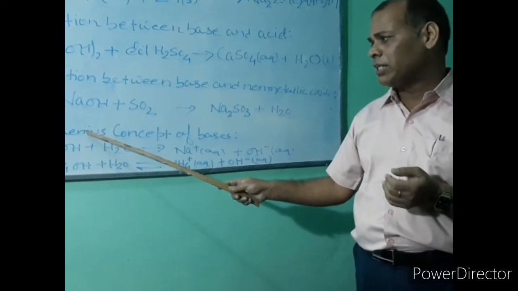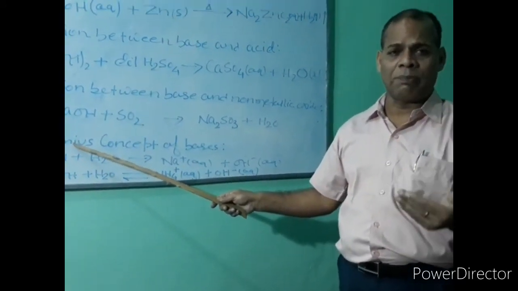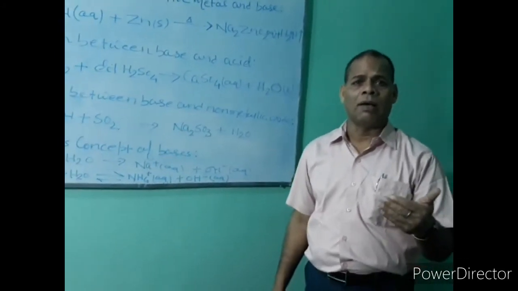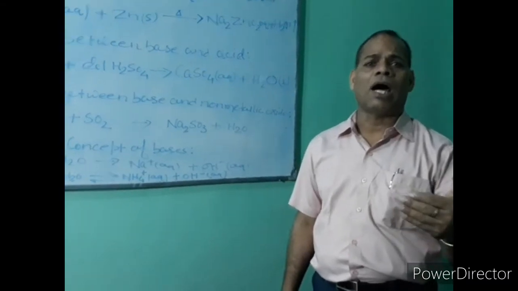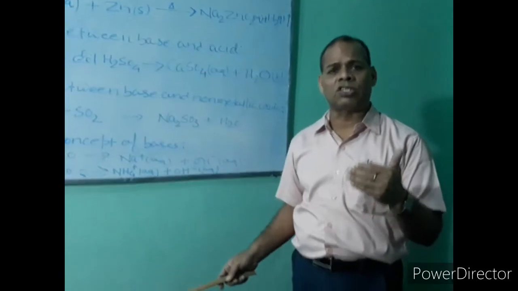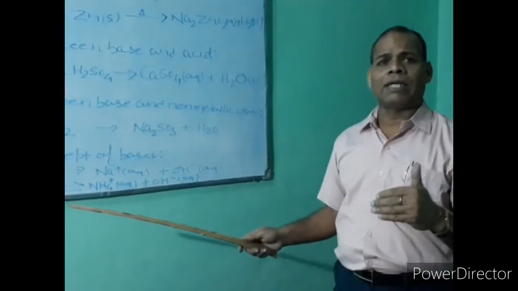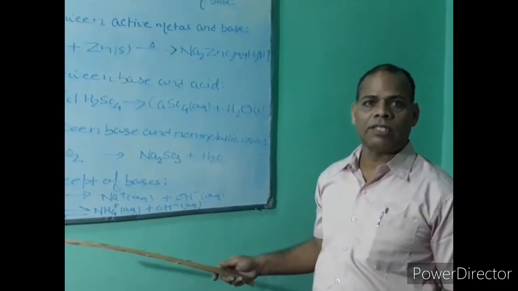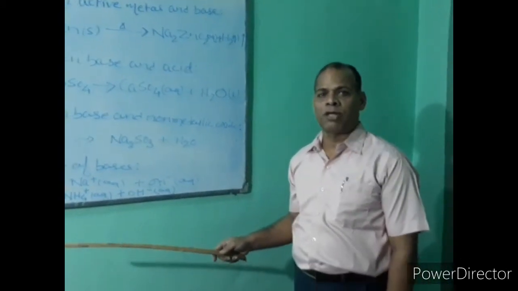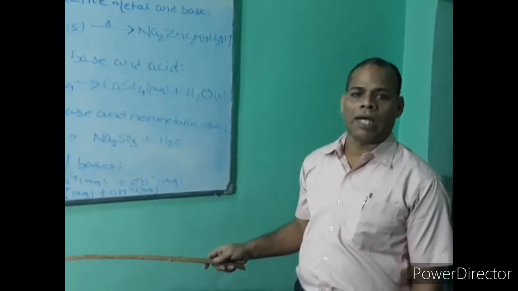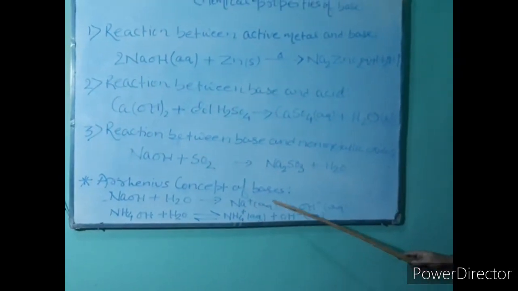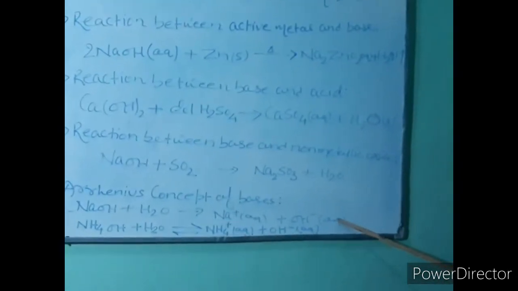So according to the Arrhenius concept, what is a base? A base is a substance which, when dissolved in water, produces hydroxide ions. For example, NaOH plus H2O gives Na+ (aq) plus OH- (aq).